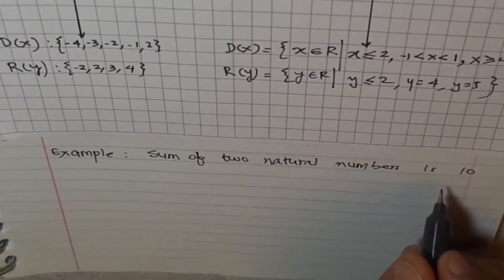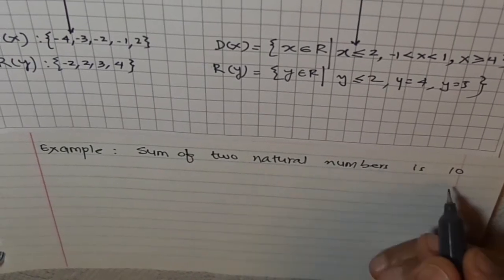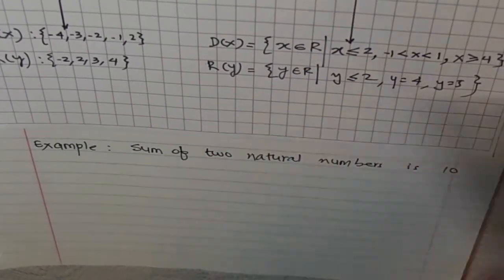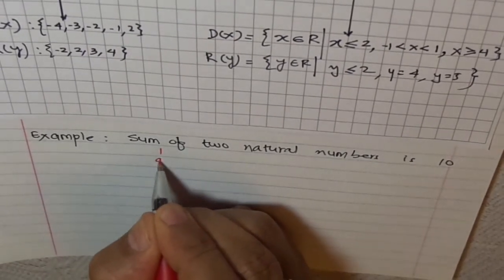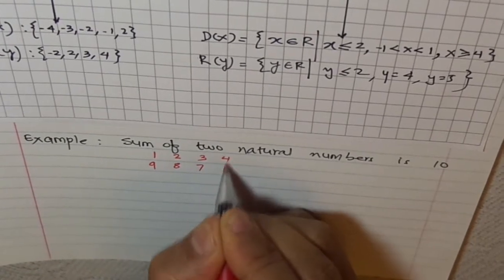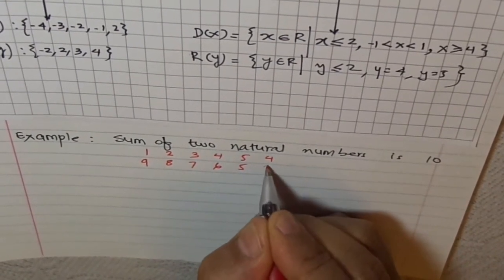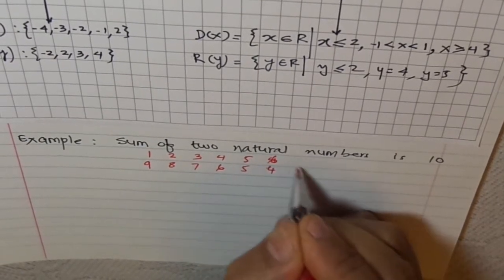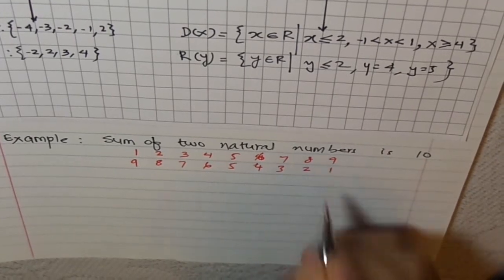So, natural numbers, okay, 0 is not included, remember that. So, how will you get 10? Well, these are the combinations. You can have 1 plus 9, you can have 2 plus 8, 3 plus 7, 4 plus 6, 5 plus 5, 6 plus 4, 7 plus 3, 8 plus 2, and 9 plus 1.